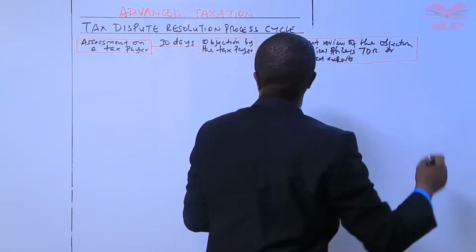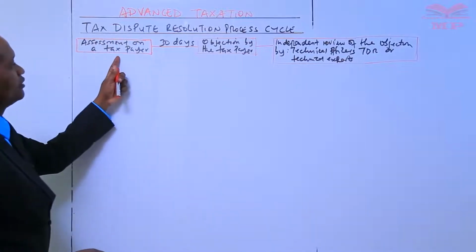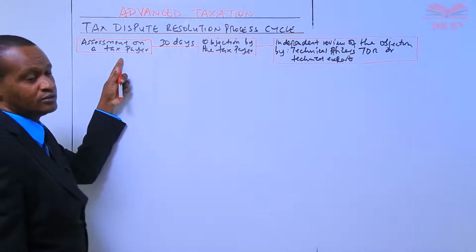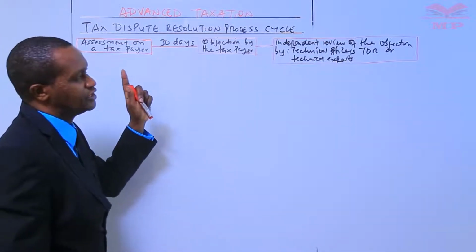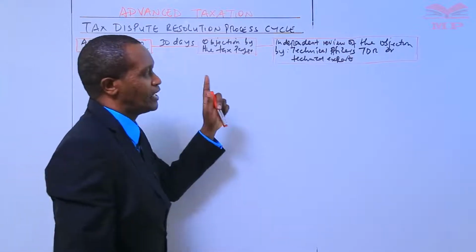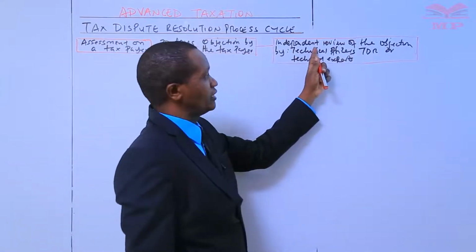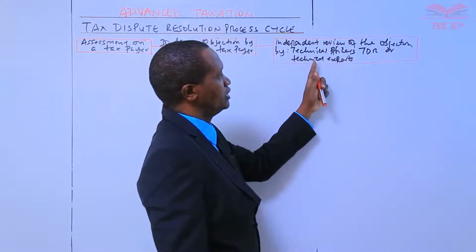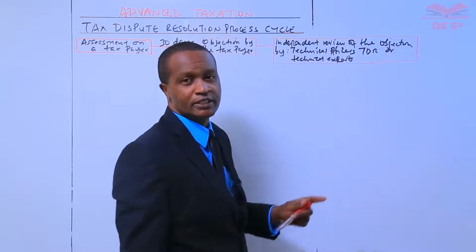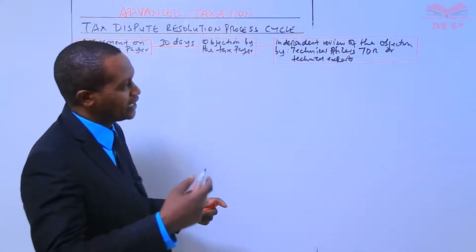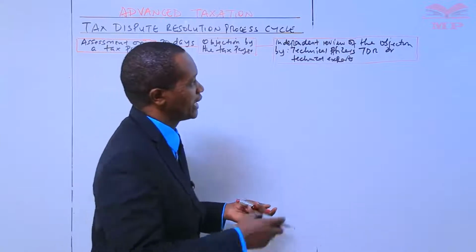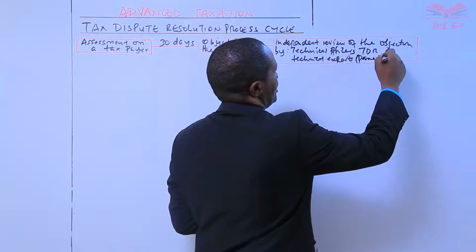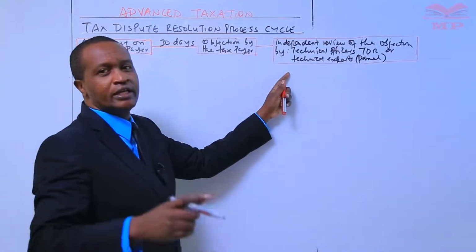When the taxpayer raises an objection to an assessment, that objection is reviewed by independent parties within KRA, either the technical officers or the technical experts, a panel of technical experts or a committee.